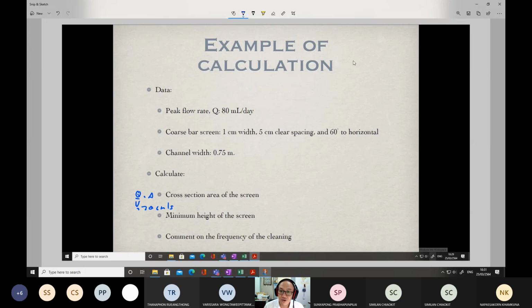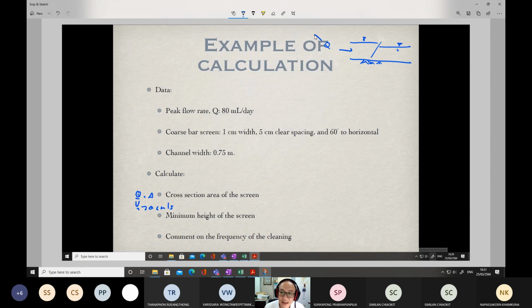But just imagine how the screen looks. The screen is just installed like this. This is the bottom of the channel, and this is the screen. This is the water level in front of the screen and behind the screen, and this is the flow rate.